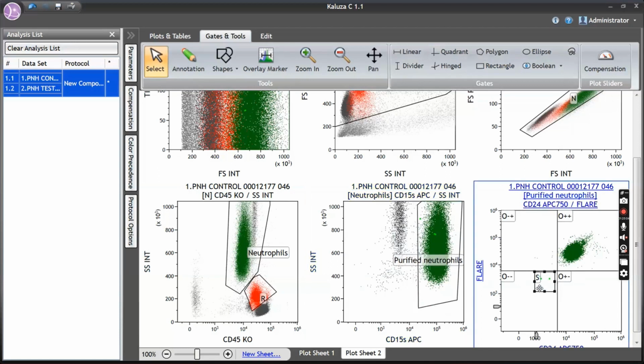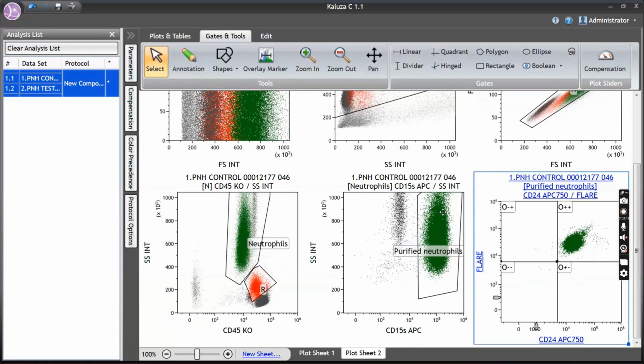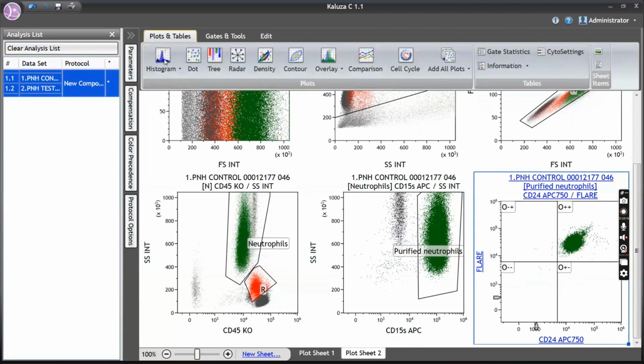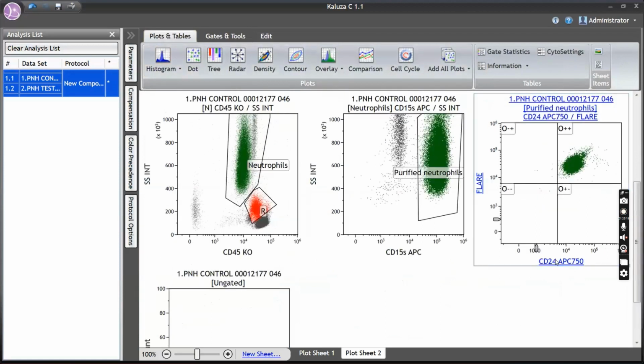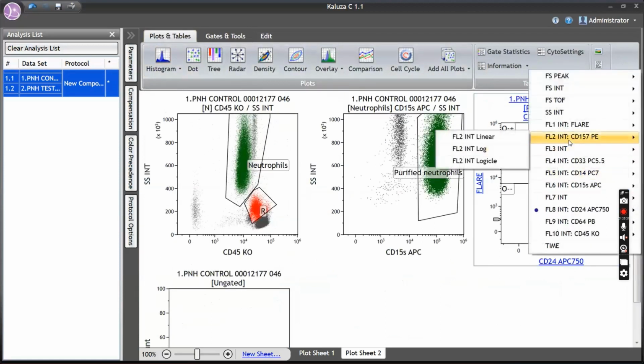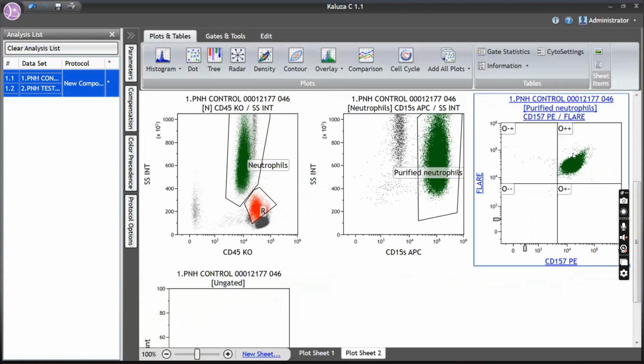There's no cluster of events showing negativity for FLAER and 24, so the entire neutrophil population is positive for FLAER and 24. Let me check with 157 quickly. Even for 157, I'm not finding any population which is 157 negative. So no PNH clone detected in neutrophils.